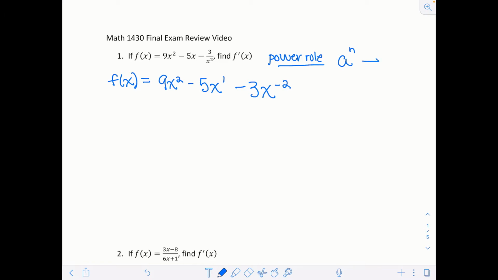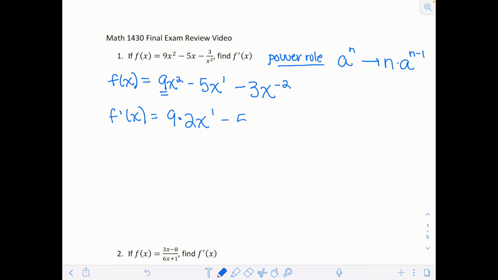And so the derivative rule here is that you bring the exponent down and then you subtract 1 from the exponent. So the derivative here is going to be 9, because if you ever have just a coefficient in the front, it just stays in front. And then the derivative of x squared is 2x to the 1.